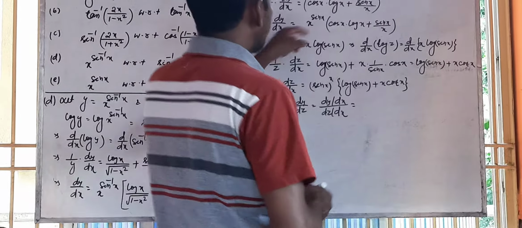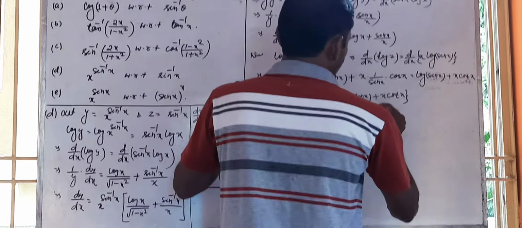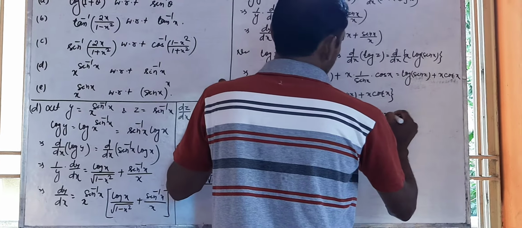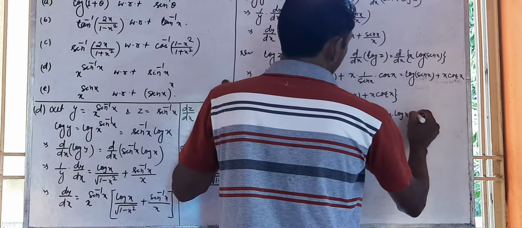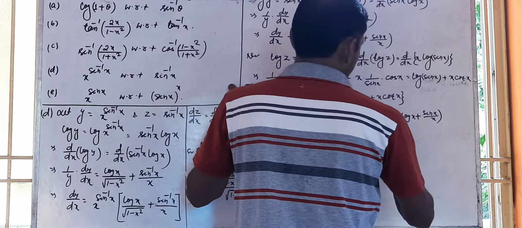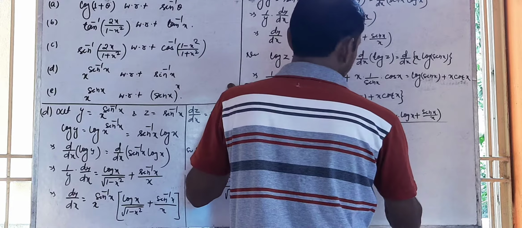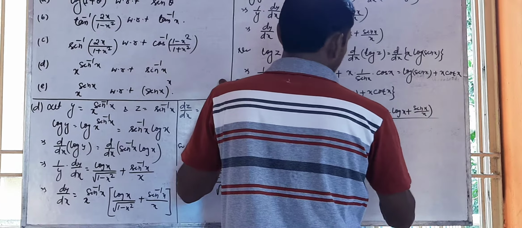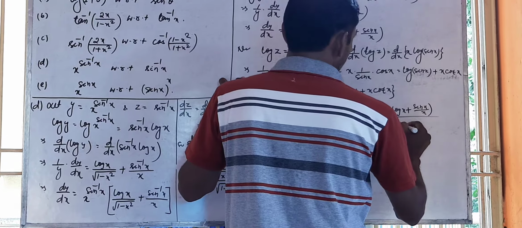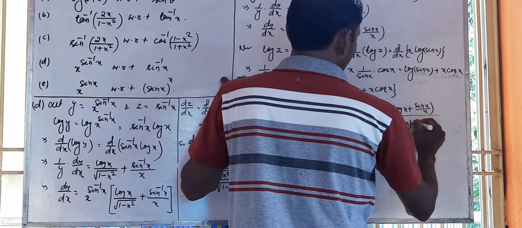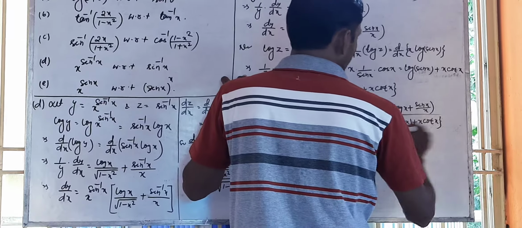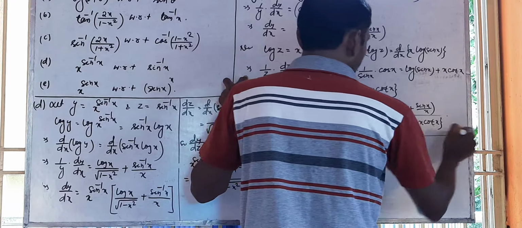So dy by dx is this: x to the power sin x into cos x log x plus sin x by x, whole divided by sin x whole to the power x into log sin x plus x cot x. This will be the answer.